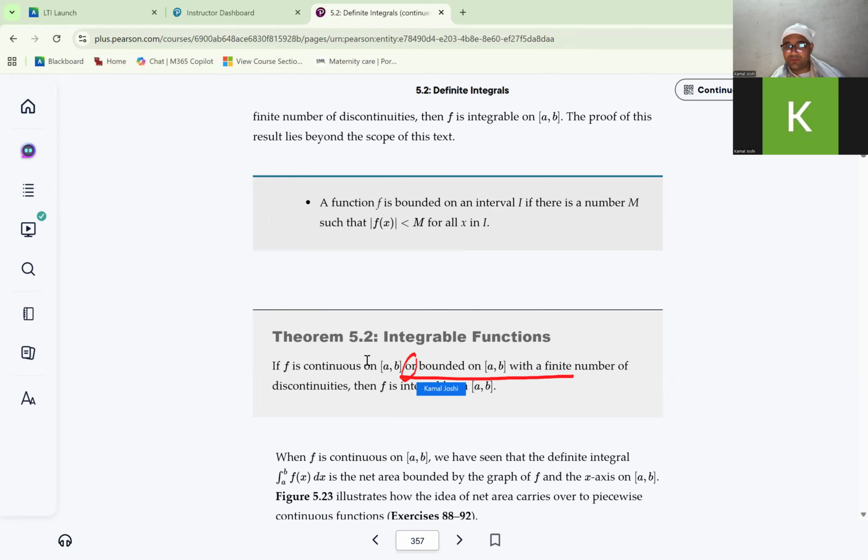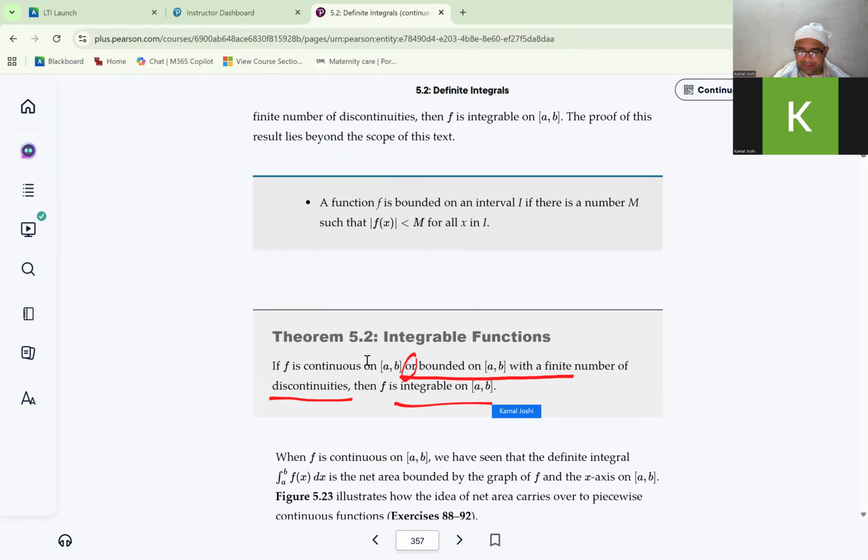So if it is not continuous, suppose, then still it can be integrable, but the condition that you need is it has to be bounded. It should not go to infinity, and there must be a finite number of discontinuities. So the points where the function is discontinuous, there should be only so many, not infinitely many. Then it is integrable.